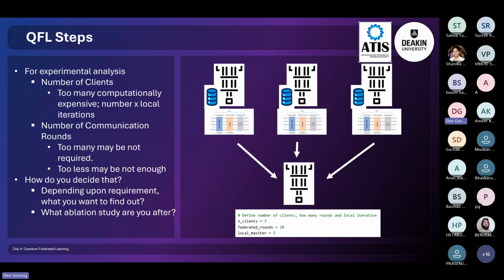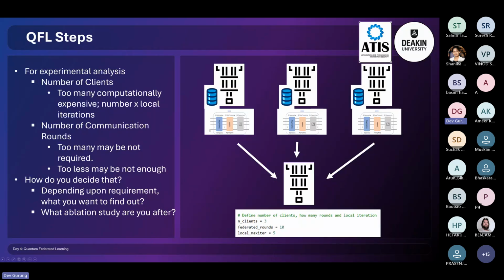So in terms of the number of communication rounds, how do we decide on that? What is a communication round, if you have never heard of federated learning? As we said, the device trains and has parameters, the model, like numbers, matrices or something.